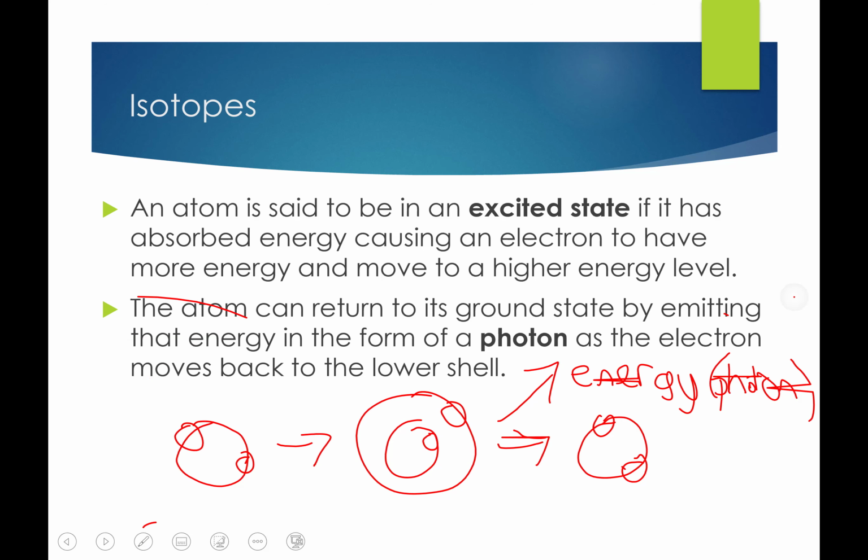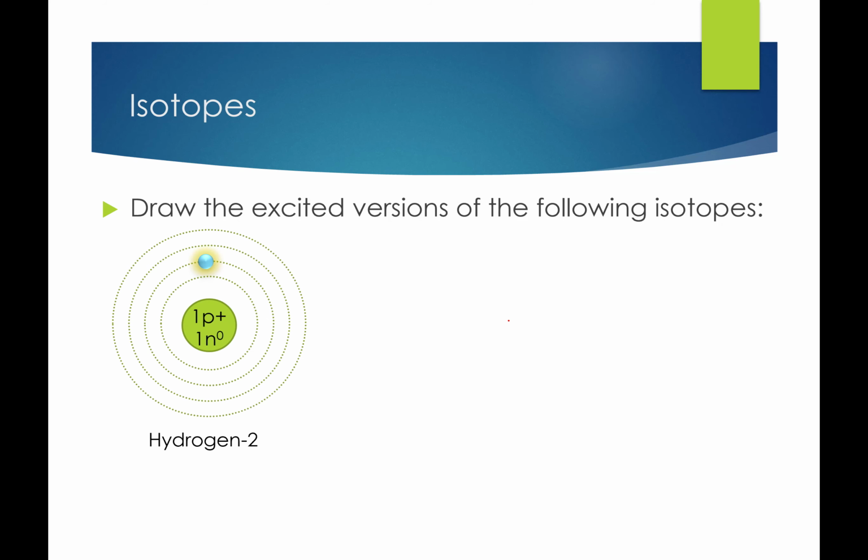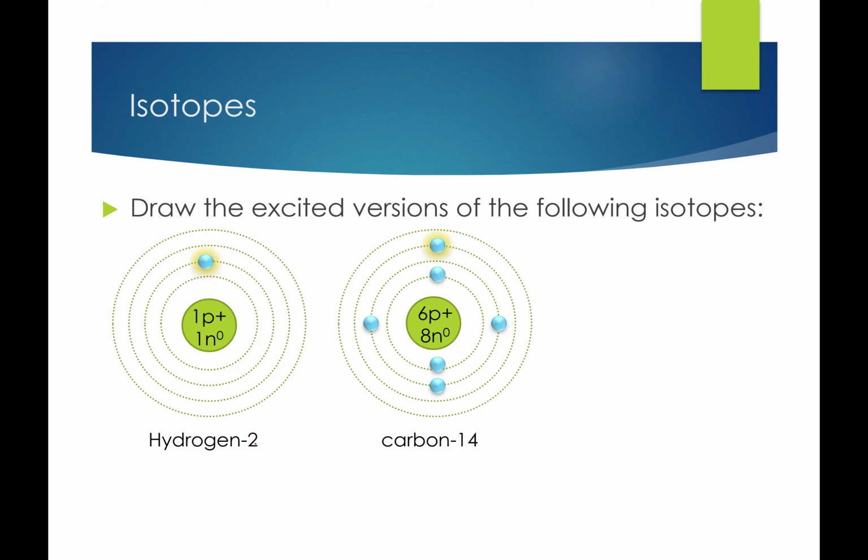So let's draw the excited versions of some of these isotopes. So here we've got hydrogen. All right, hydrogen 2, that's the excited version. You can see that one electron has jumped out to the next shell out. Carbon-14 would normally have 2 in that first shell, and then 4. 1, 2, 3.